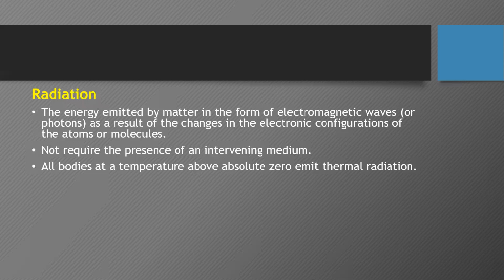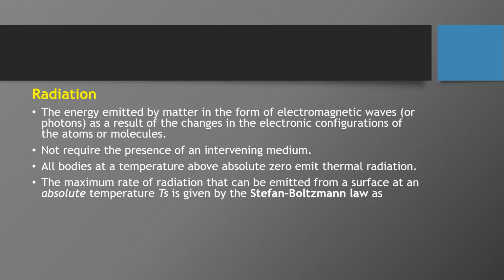The maximum rate of radiation that can be emitted from a surface at an absolute temperature Ts is given by the Stefan-Boltzmann law. Stefan-Boltzmann put forward the idea about thermal radiation, and he got a law for it.